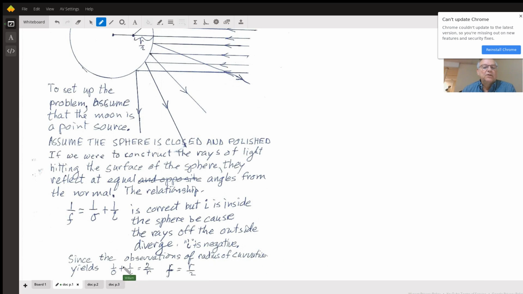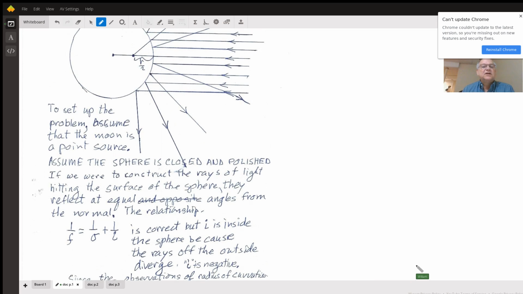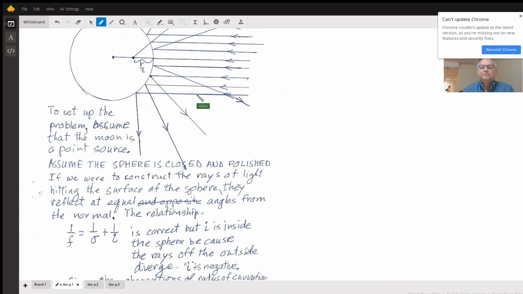We can look at this also in terms of the observations of the mirror from an object at the radius of curvature to find out what the focal length of the mirror is. So 1 over the radius plus 1 over the radius is equal to 2 over the radius. So the focal length is equal to the radius divided by 2, which you see right here.